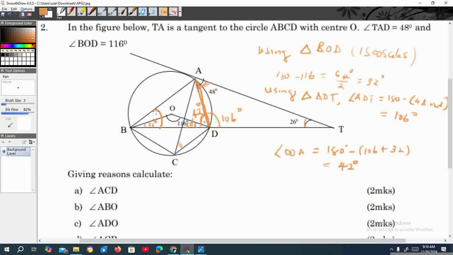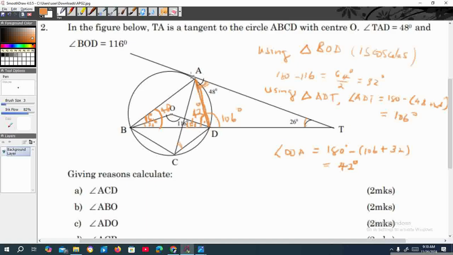And this is already 32. So 48 minus 32, this small angle here will be 16 degrees. If you had this and this, 32 plus 16, they give you 48, which is equivalent to this angle.